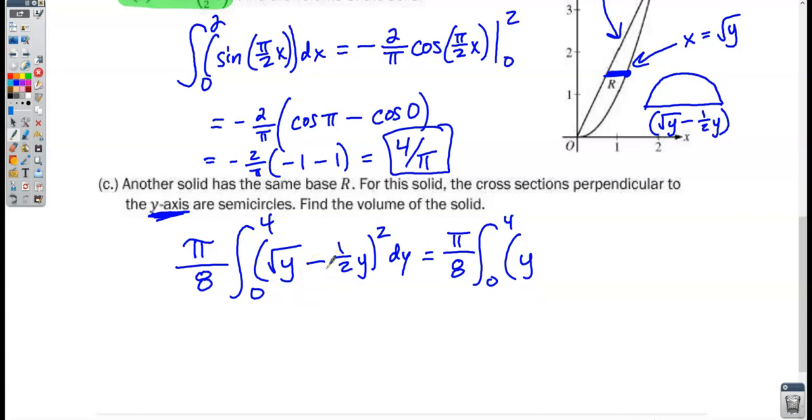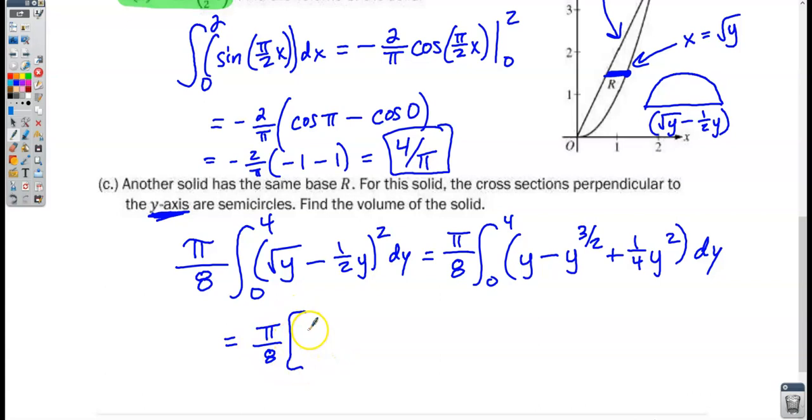So 1/2 y to the 3/2, that's going to end up just being minus y to the 3/2, and then plus 1/4 y squared. And now I'm going to go ahead and take my antiderivative.